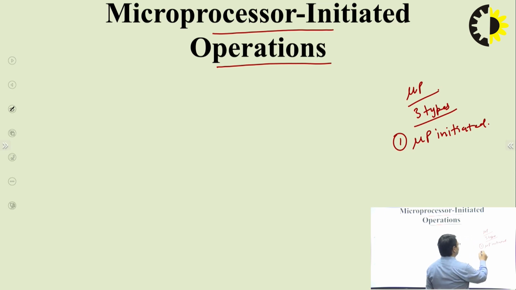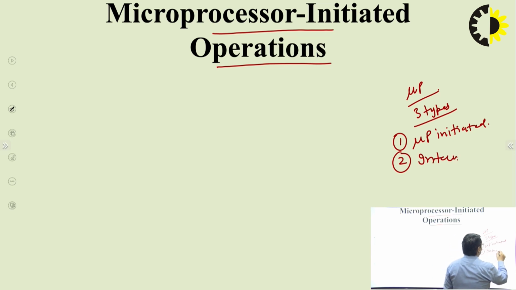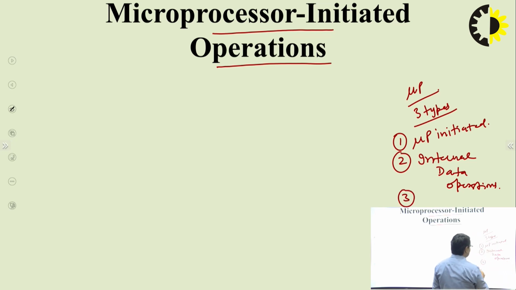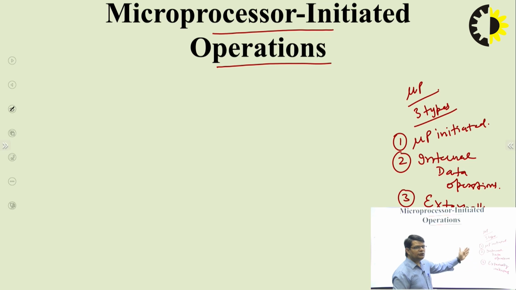Second category is internal data operations. And third category is externally initiated operations.